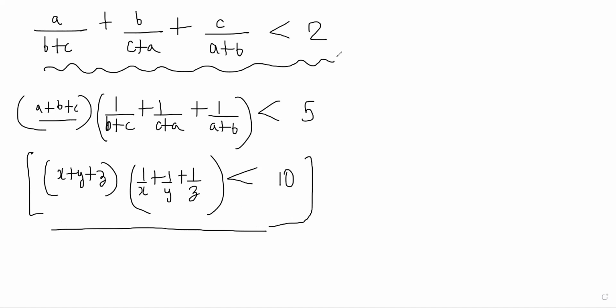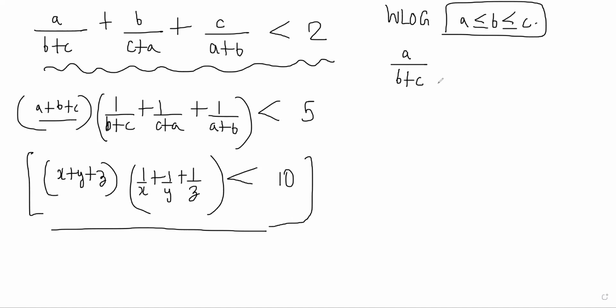And you can assume without loss of generality that A is less than B is less than C, right? Because these are just sides of a triangle. There must be some which is greater, some which is smaller, right? So we can assume this, and in that case, we can say A by (B plus C) would be smaller than A by (A plus C), right?